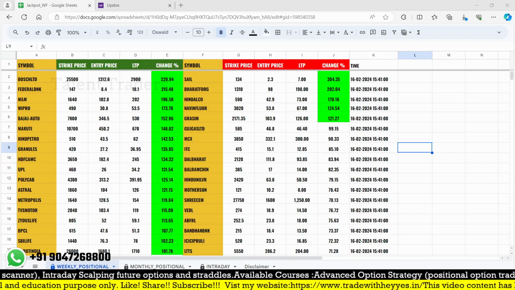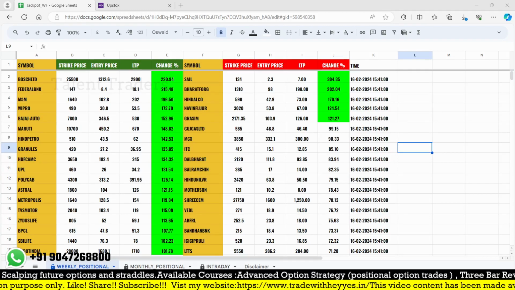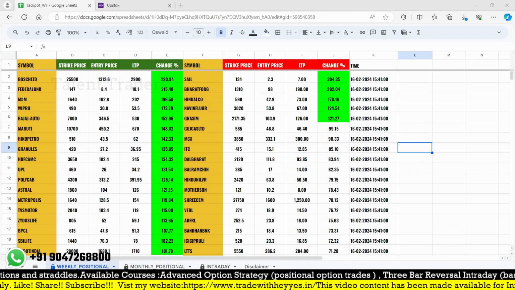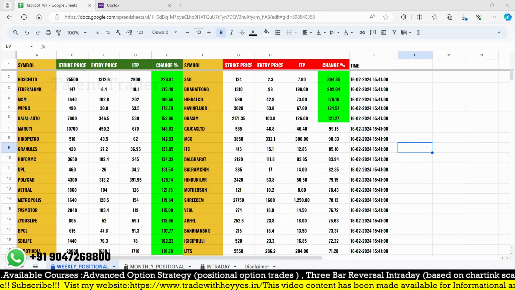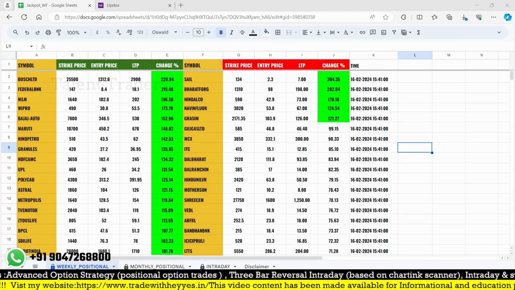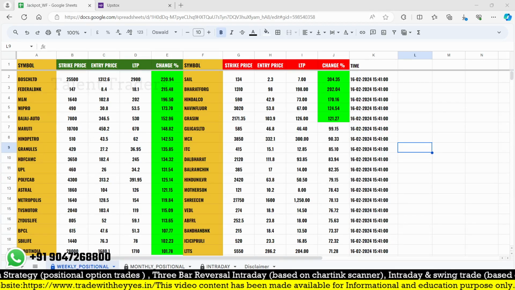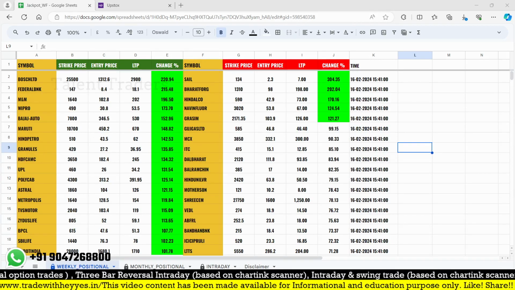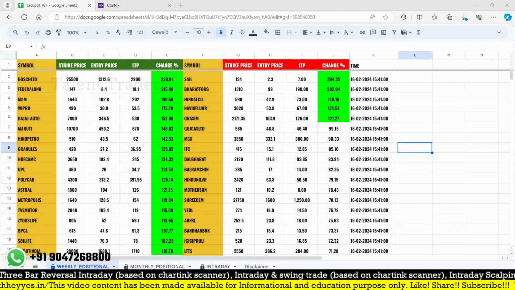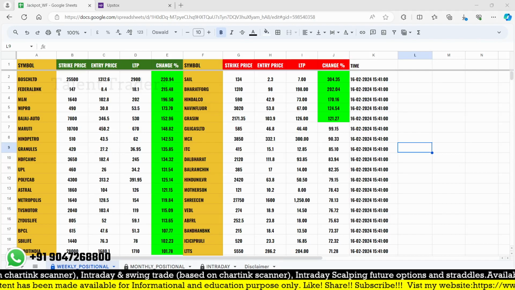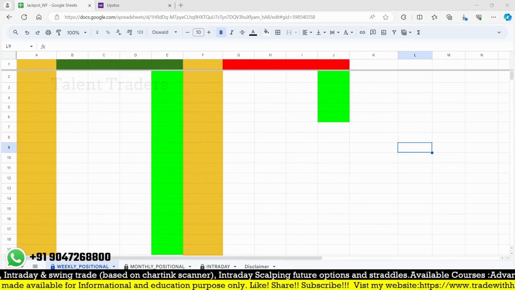Once it is updated, the old data would be gone, because it is a real-time scanner, so we are not saving it in the backtest. By making a video, using that video, you can easily find out past performance also. If you follow the right steps, that would be a better opportunity.